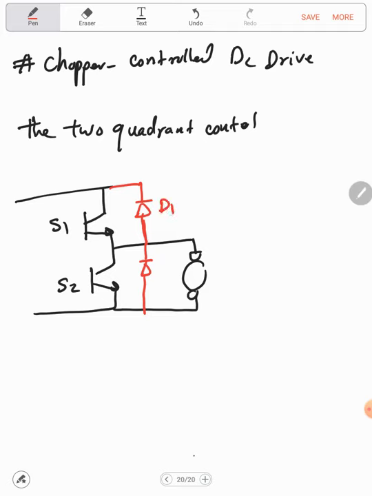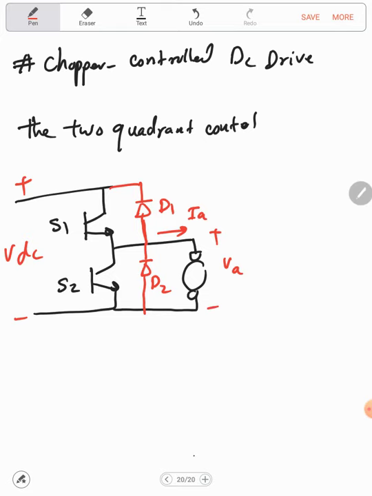Let's call this D1 and this D2, and this will be plus minus VA, and this will be the IA. Now here, all the time, the voltage is positive. This is plus minus V DC.